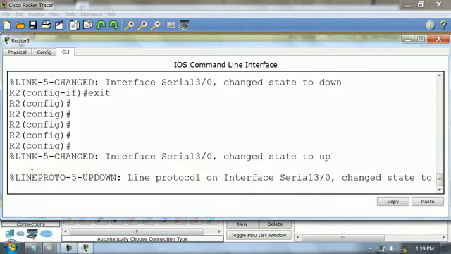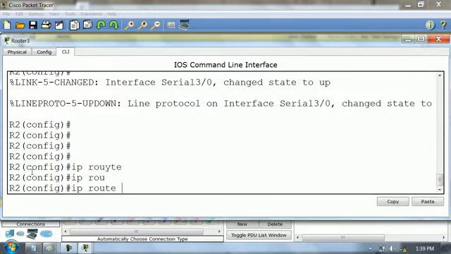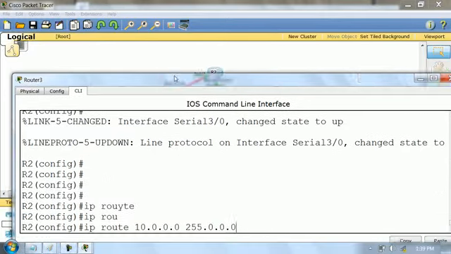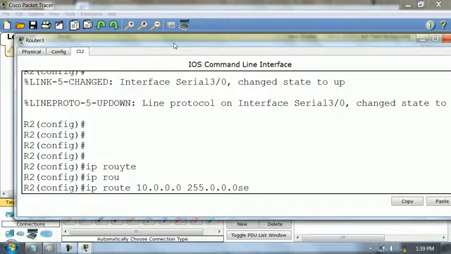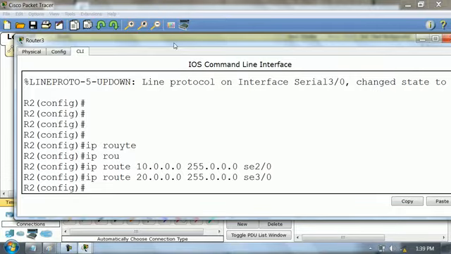IP route 10.0.0.0. The exit interface will be serial 2/0, and 3/0 for 20. Fine. Any problem? No.